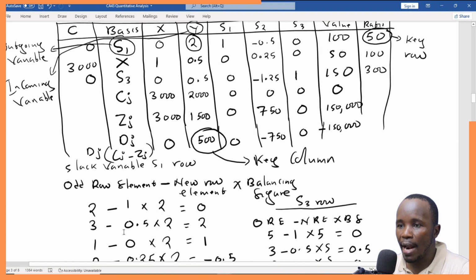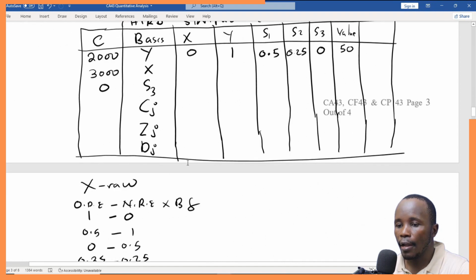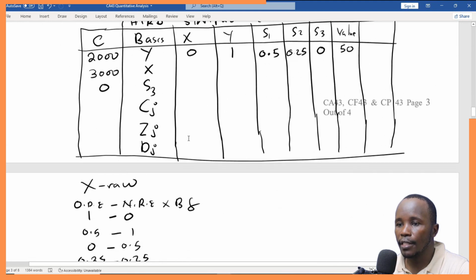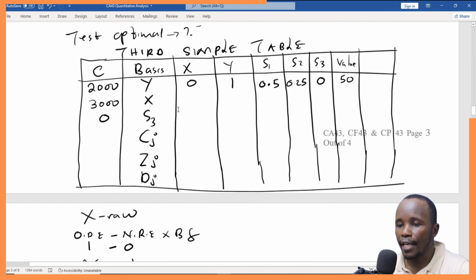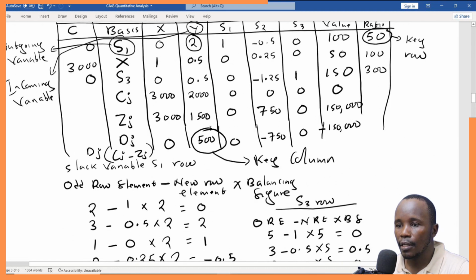We said for the balancing figure, you look at where the key column meets the row in consideration. Which row are we talking about? Here, balancing figure, we are replacing, this is row X. Yeah, row X. 500, where does it meet?